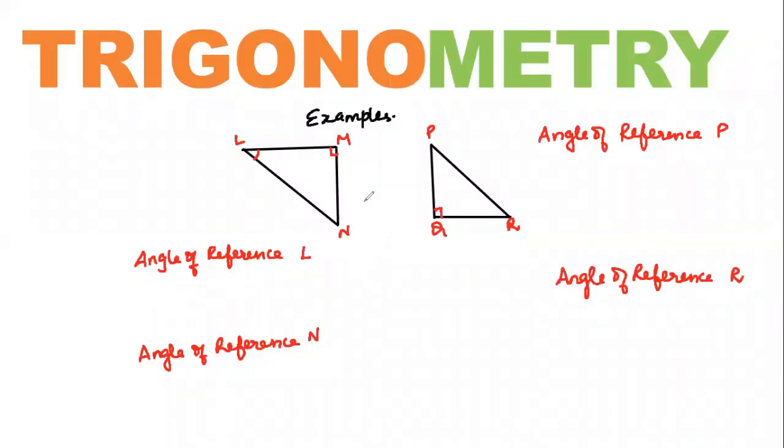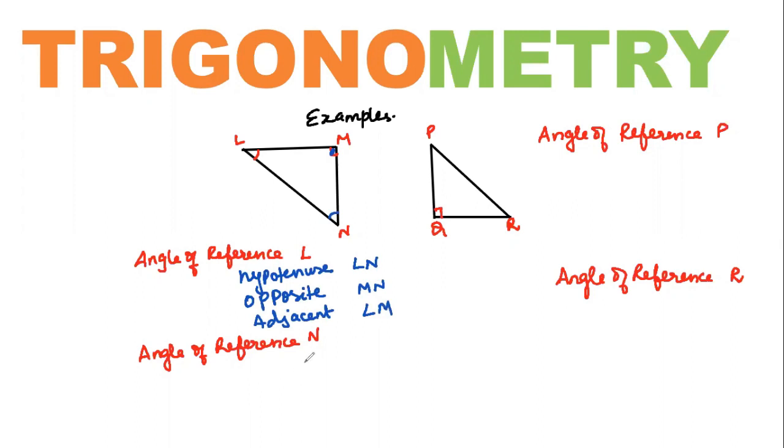Let us do this example. That is a triangle LMN right angled at M. For the angle of reference, two acute angles L and N. For the angle of reference L, what will be the hypotenuse? The hypotenuse is always LN. Opposite to the angle of reference L is MN, and adjacent to the angle of reference L is LM.